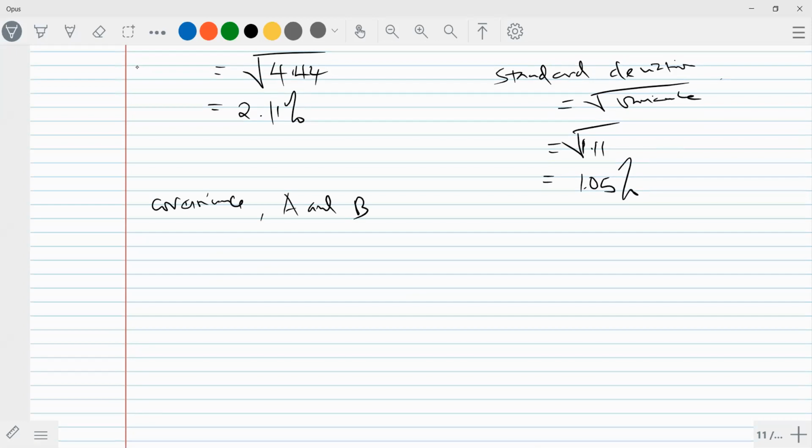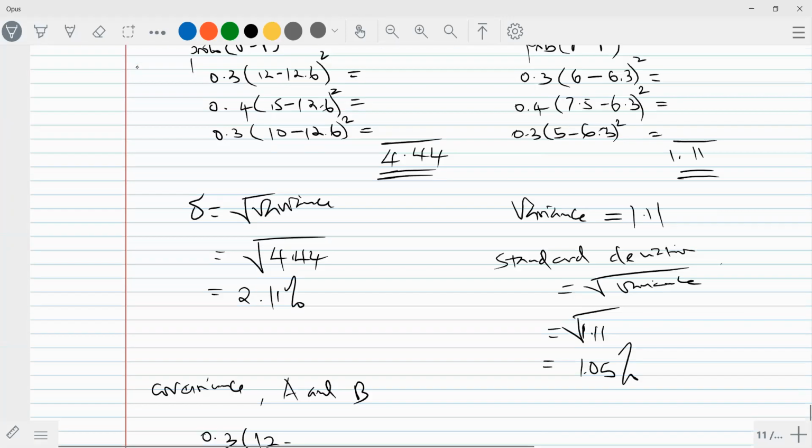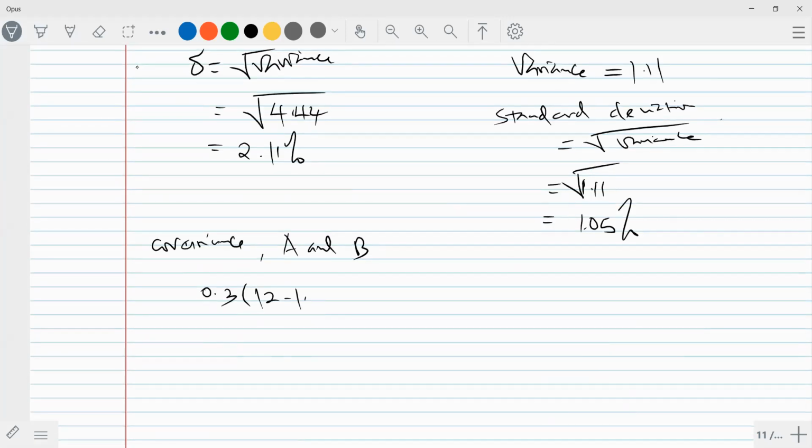Here, don't forget the other outcomes. For the first outcome, the chance of it occurring is 0.3. The deviation for the first outcome of asset A is 12 minus the mean, which was 12.6. We multiply by the deviation for B. Let me just remind you of the formula, maybe for those who forgot.